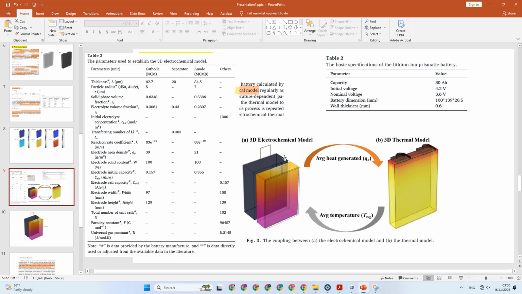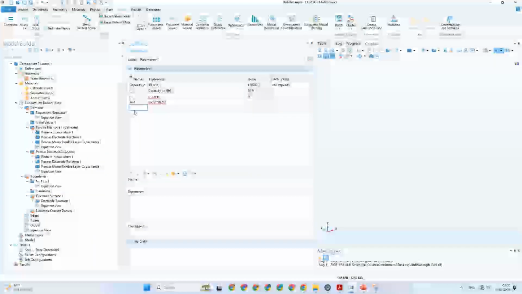If we assume that is a circle, excuse me, this is a square. This is 97 to 97. Width 97 millimeter.